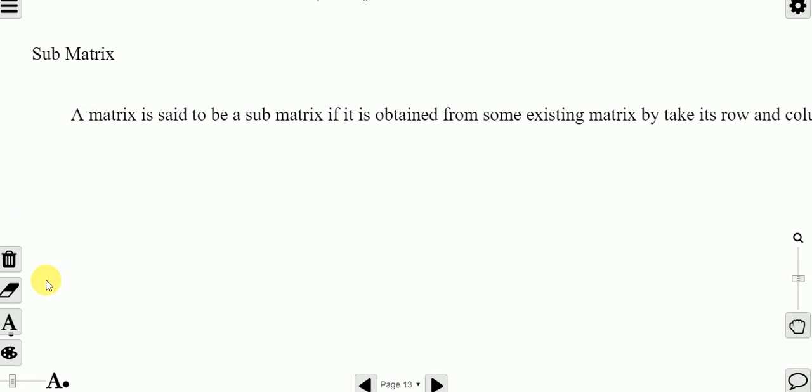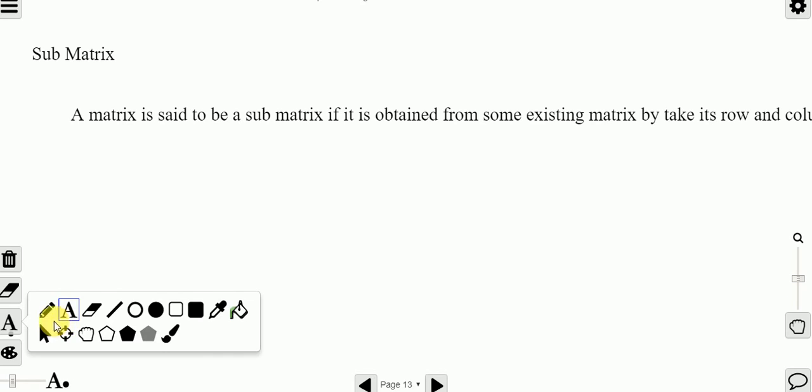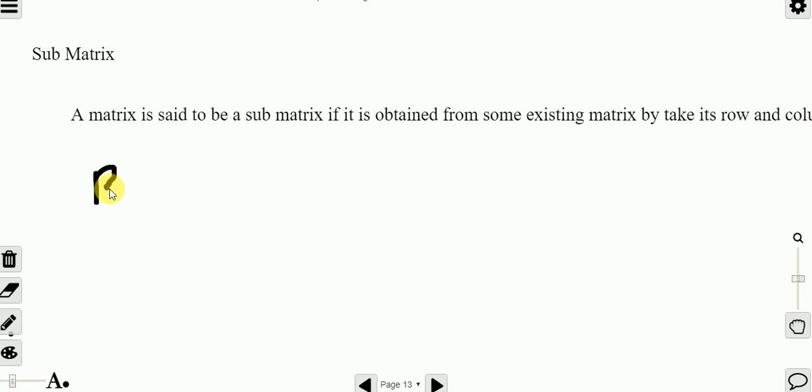Okay, so again I will give you a matrix, capital P. Please note and see how to find a submatrix.